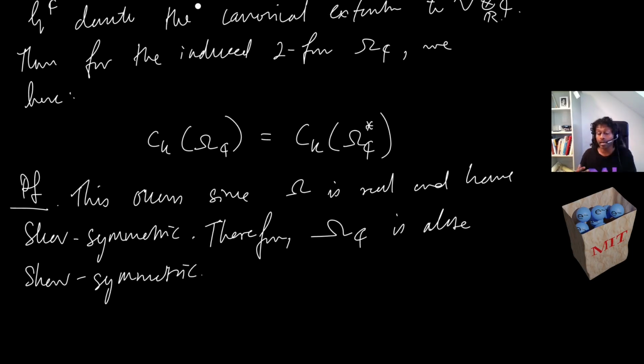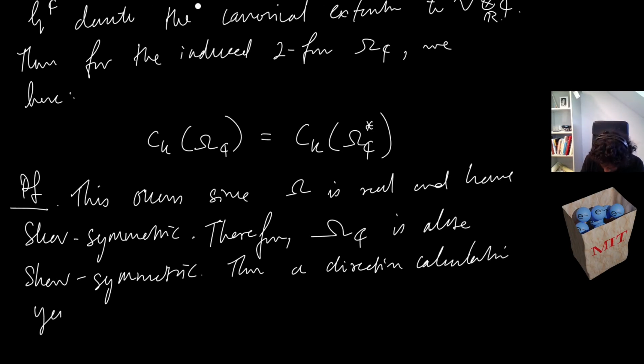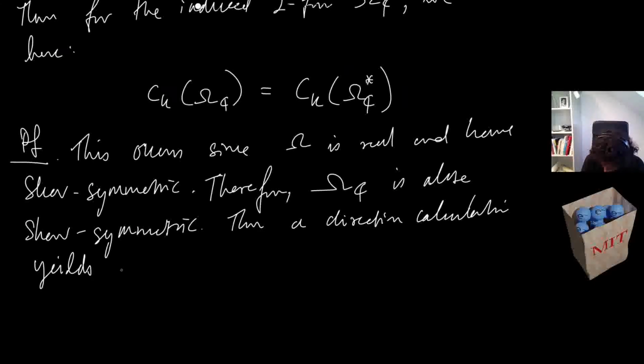Before, for a general complex connection, we don't have this; it's going to be skew Hermitian, but here we have that it's skew symmetric. And then this statement follows by direct calculation, which yields the statement.